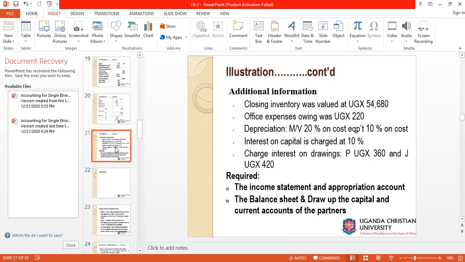Then after operating expenses, you get net profit. After net profit, you put the appropriations, you appropriate the net profit. Then after appropriation of net profit, you prepare the current account and capital account. Then from there you go to the balance sheet. That is the procedure.